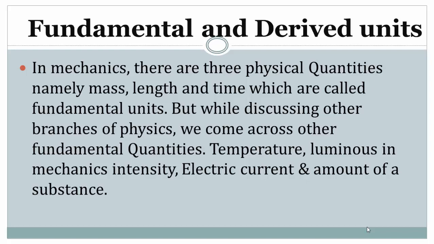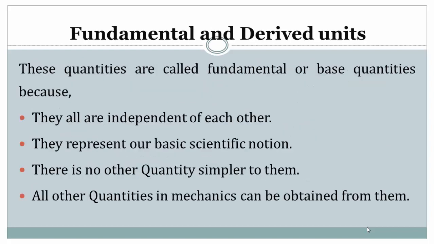A derived unit is one which is given for a derived physical quantity and these are derived from fundamental units. The units which are derived from these units are called derived units.